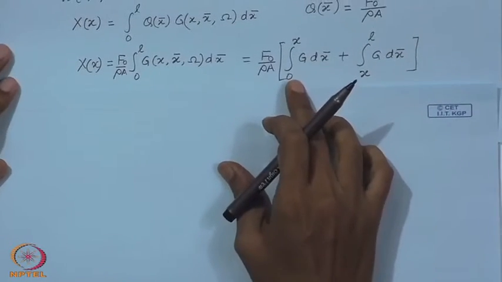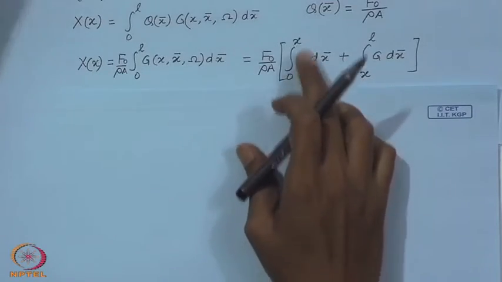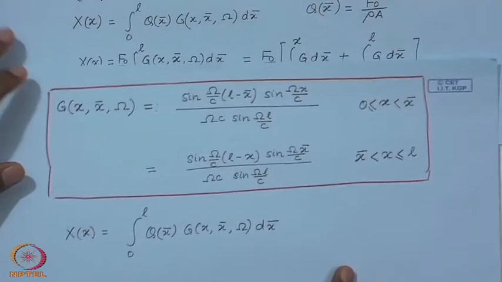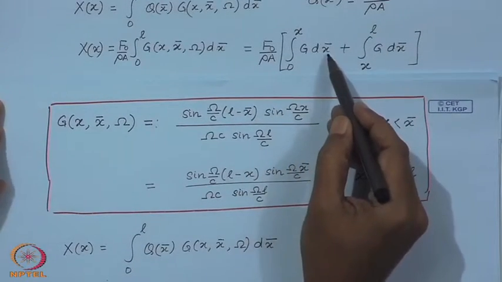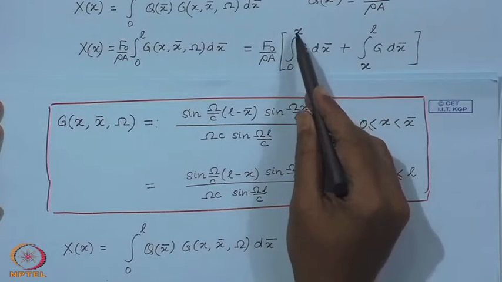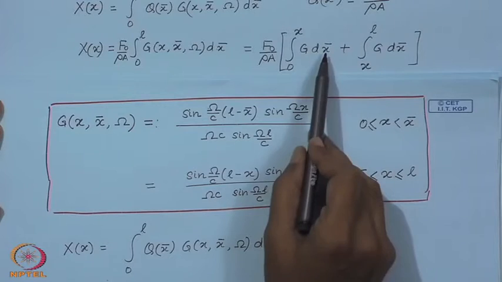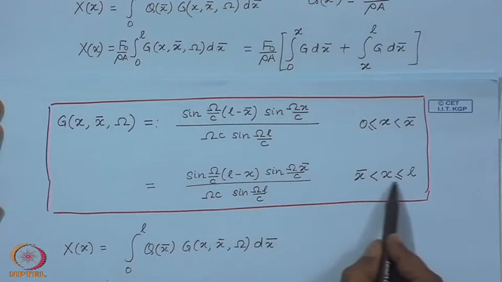Now, from 0 to x, so x bar lying between 0 and x, let us once again look at the Green's function. X bar lying between 0 and x, which means x bar is less than x.